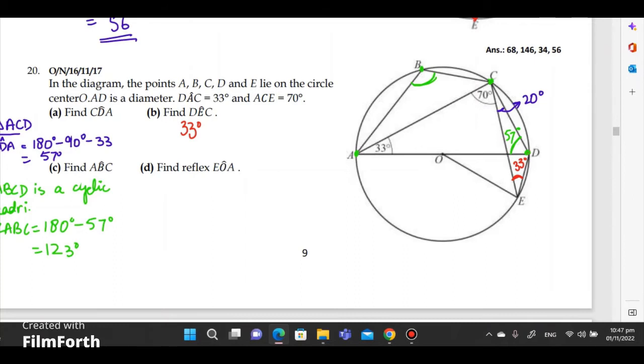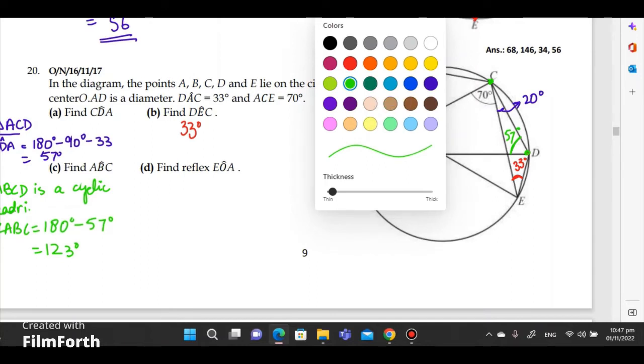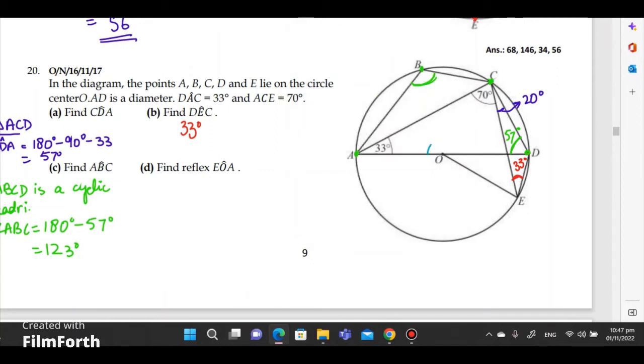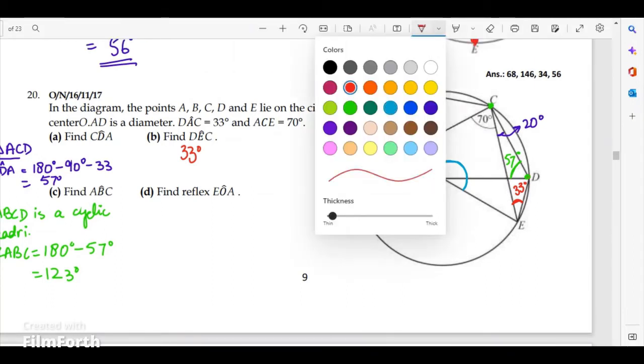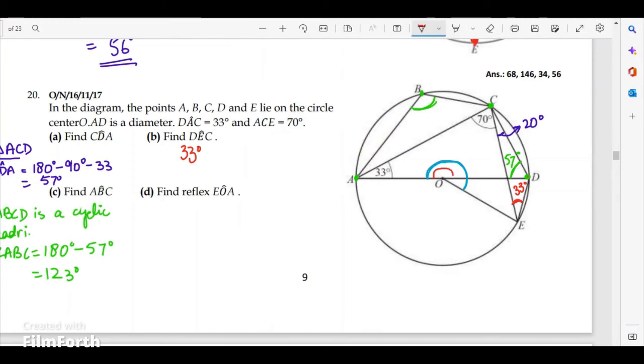Find reflex EOA. Alright, so reflex EOA is this whole angle, because a reflex angle is more than 180 degrees and less than 360 degrees. Now in this whole angle, what we know without doing any calculation is that this is 180 degrees because this is a straight line, the angle that I marked with red. However, I need to work out this bit so that I would be able to work out this complete angle that I marked with this blue color.